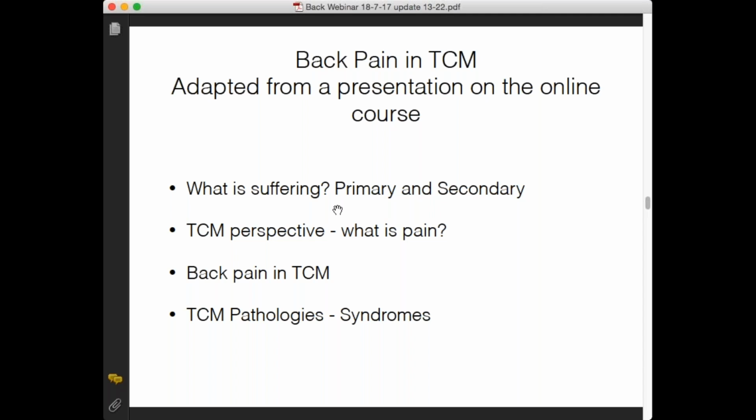So the reference to what is suffering, primary and secondary, is actually very similar to our previous category from Western medicine of acute and chronic. Primary suffering, you can say, is close to the experience of the pain, the immediacy of the sensation of the pain.